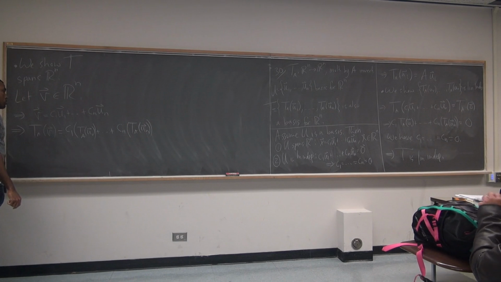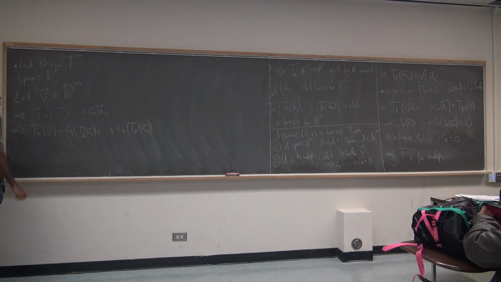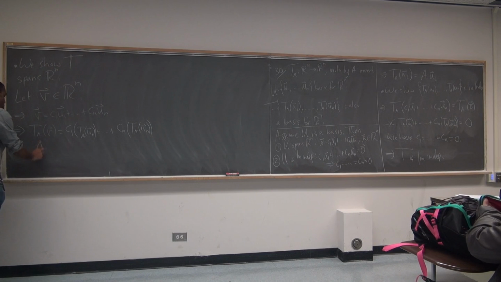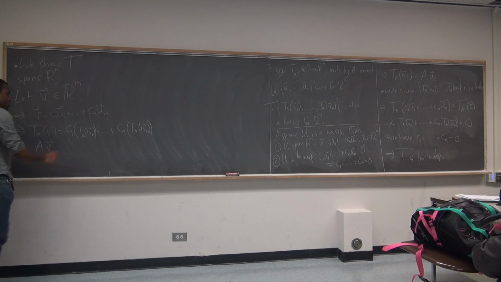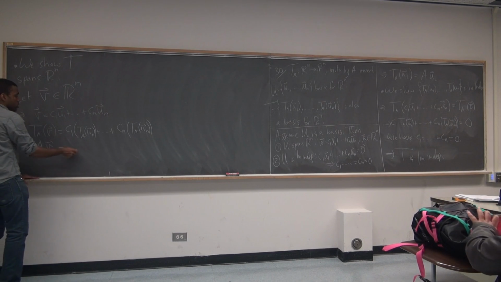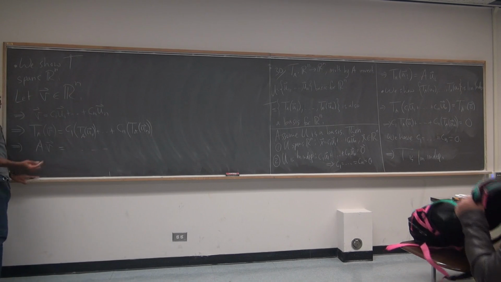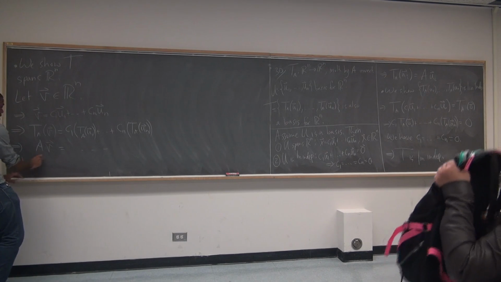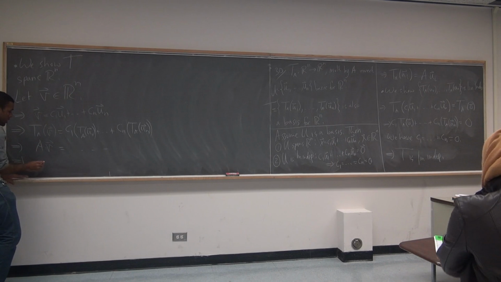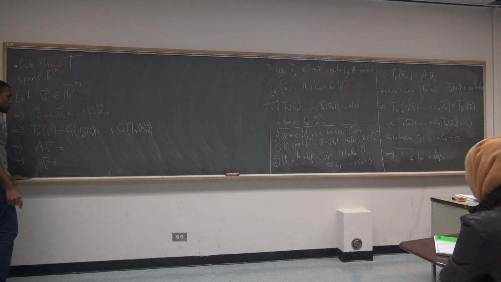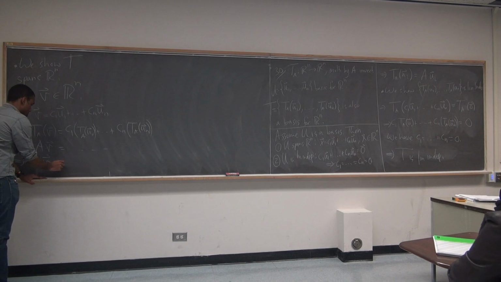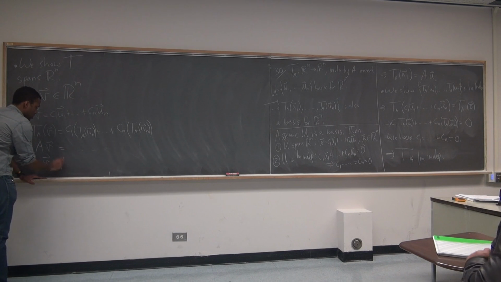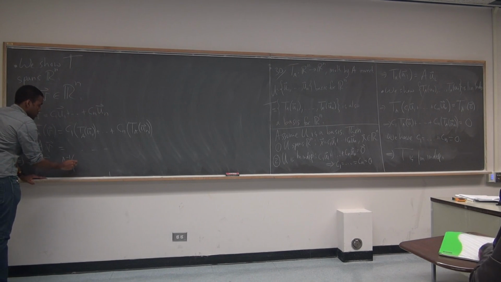The left side is AV, and A is invertible, so this means we can multiply both sides by A inverse. So V would be A inverse times all of this.